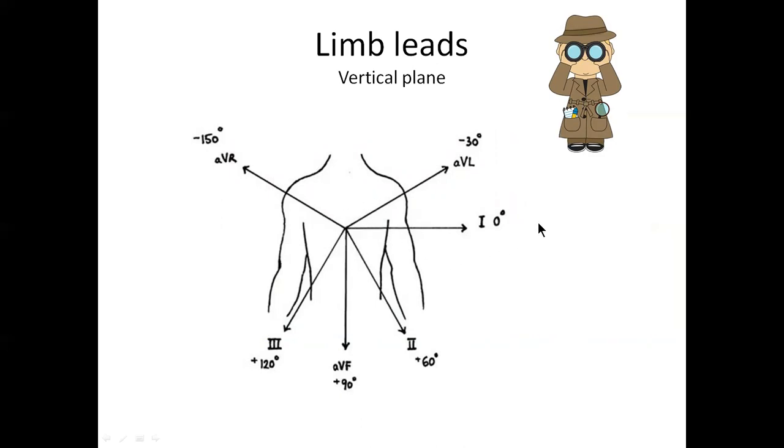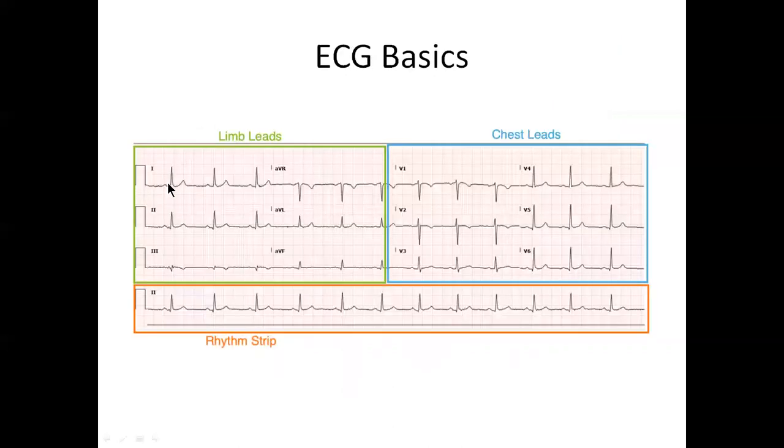So if there's a detective here at lead 1, if an electric current comes towards that detective, you will see an upward deflection. If the current is going away from the detective, you will see a negative deflection. So here are positive deflections and you see negative deflections.